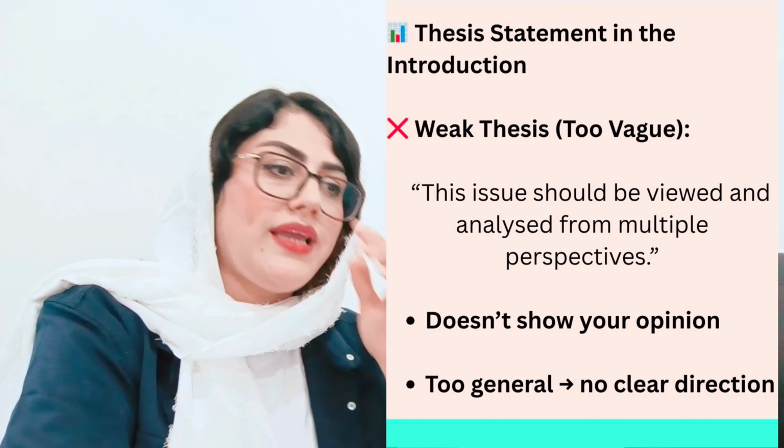Now let's look at the thesis statement. In this introduction, the last sentence, "The issue should be viewed from multiple perspectives," is actually too vague, as I mentioned earlier. For example, if you want a balanced answer, say this: "Also, there is concern that globalization weakens cultural uniqueness.